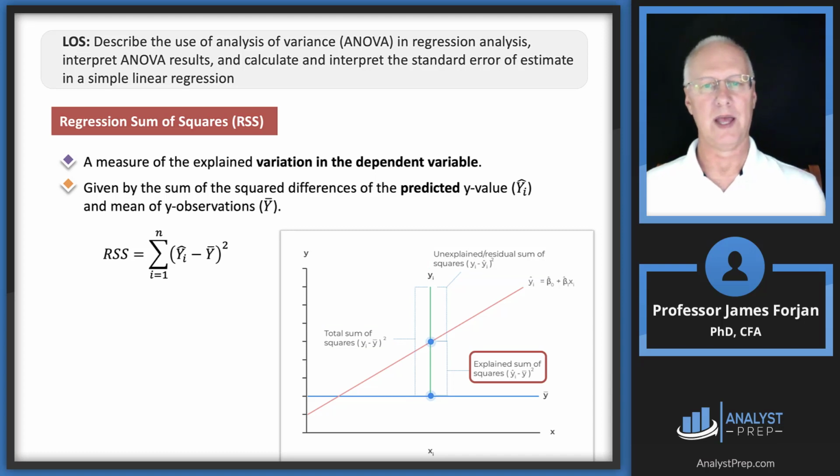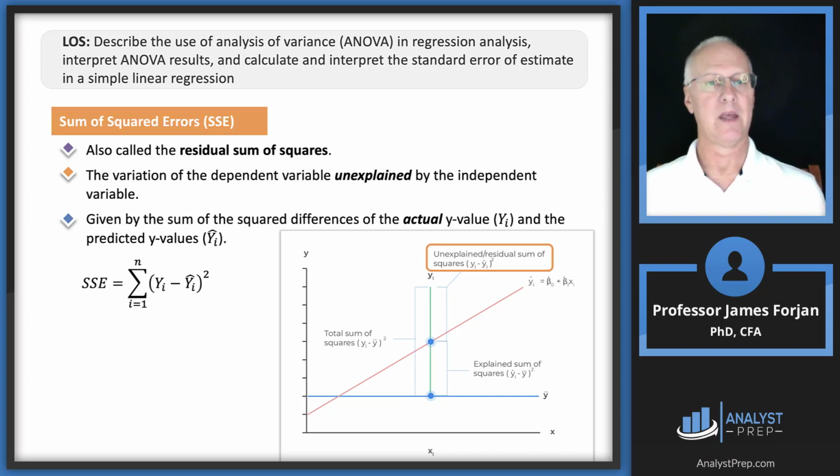So let's go ahead and take a look at the regression sum of squares, RSS. All we're doing is taking the yi hats, right? Those are the estimates minus y bar, and we're squaring it. And that's the red box over here, the explained sum of squares. So that's from y bar up to the line.